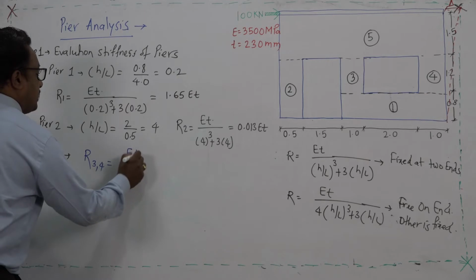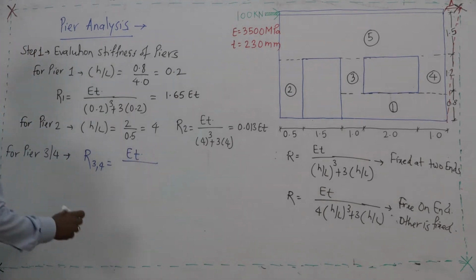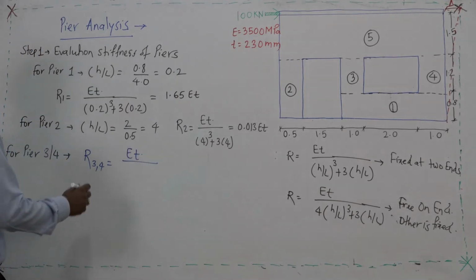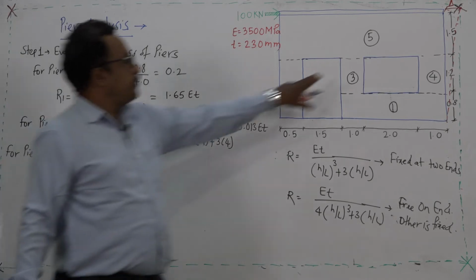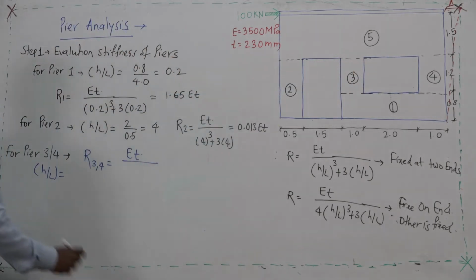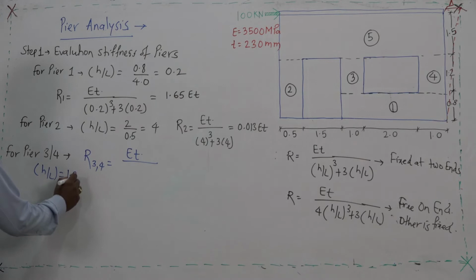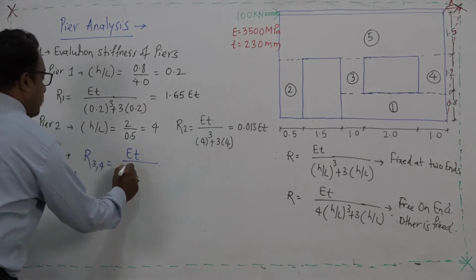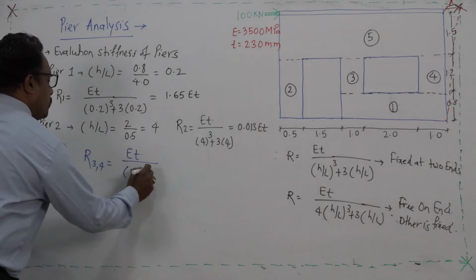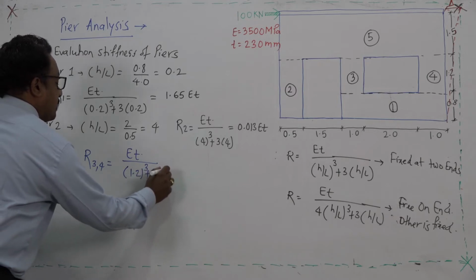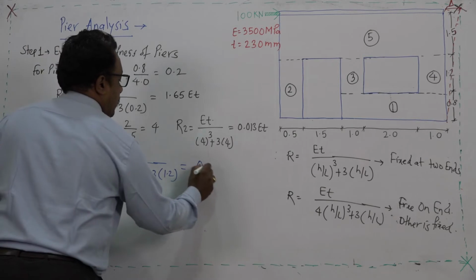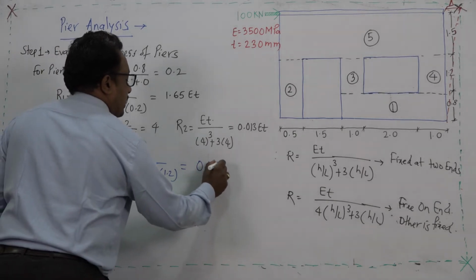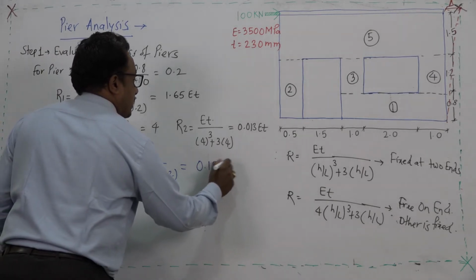So, it will be E t divided by, before that work out this h by L here. So, h will be 1.2 meter and L will be 1. So, it is 1.2. So, E t, 1.2 cube plus 3 times 1.2. So, this is 0.188 E t.